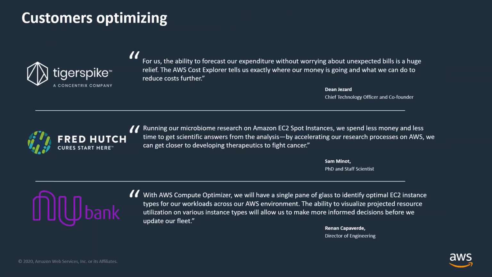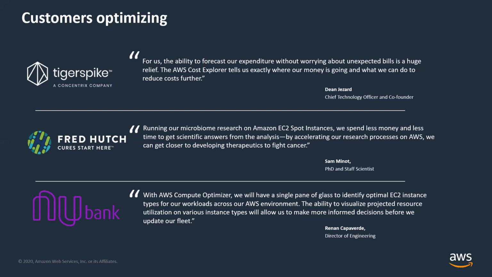And these are a few examples of our customers optimizing their AWS spending by using some of these tools. For example, while migrating to the cloud, Tiger Spike was able to reduce their cost compared to their on-premises environment. And basically, they use Cost Explorer to continually monitor their cost.